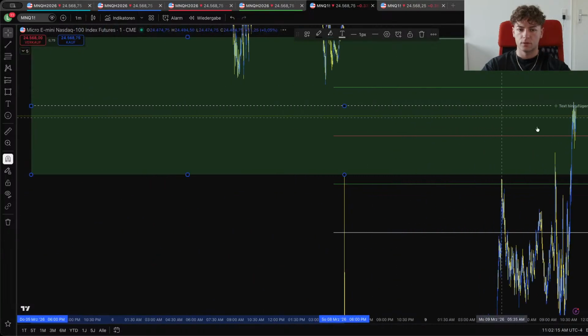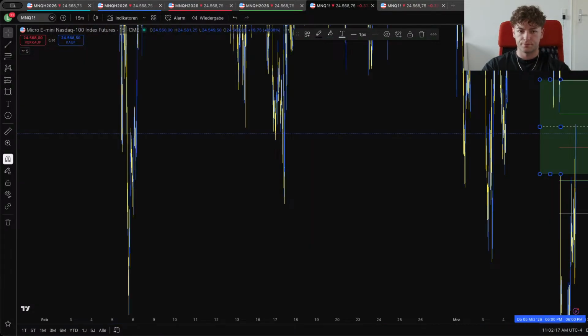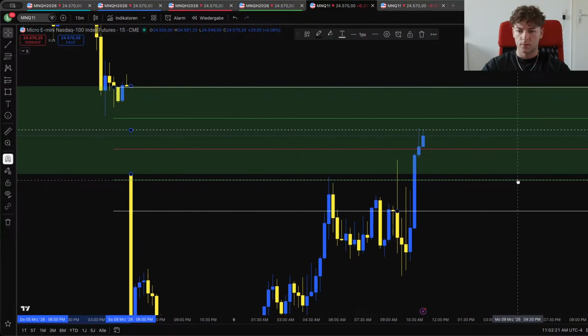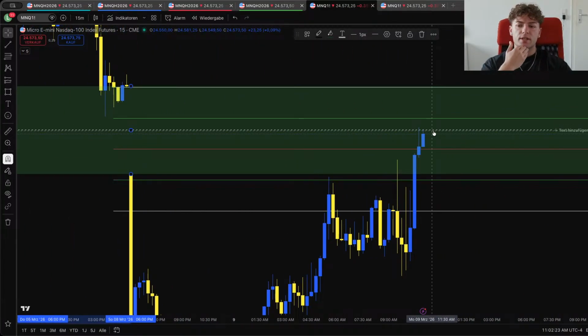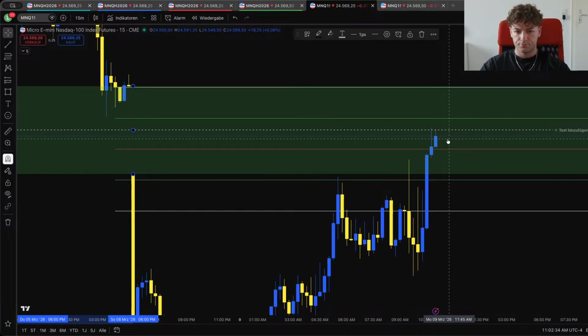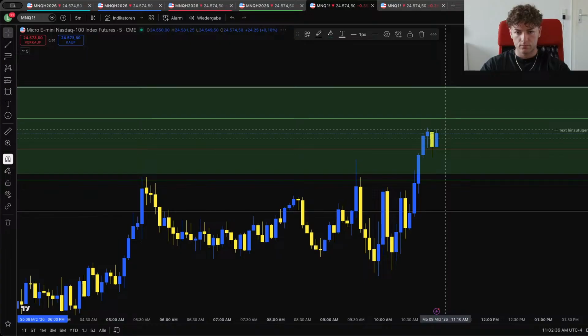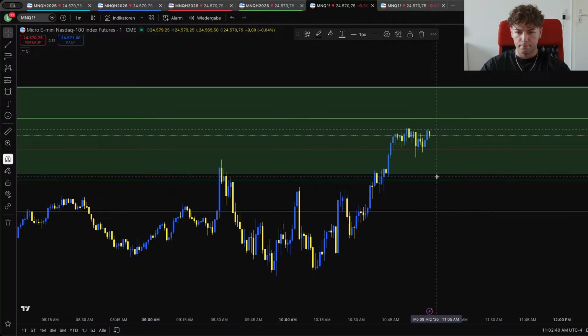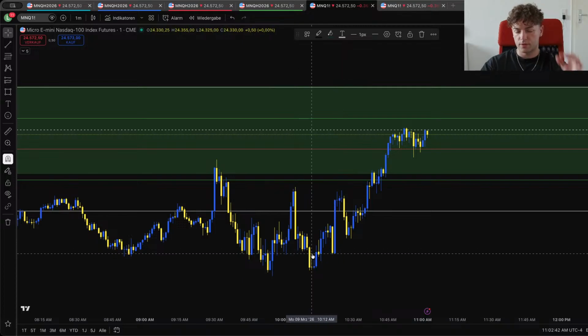Okay, so we've got to see how price is behaving now inside of this green shaded box and around the consequent encroachment point. Obvious lows right here.